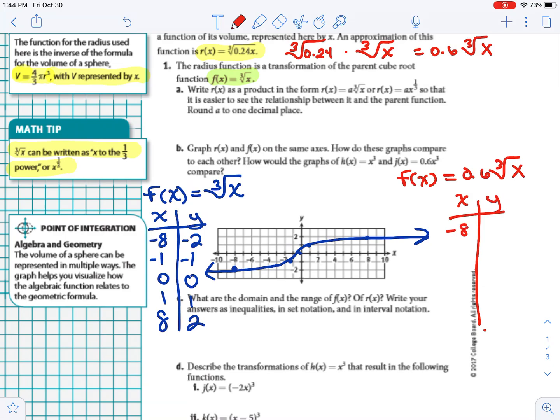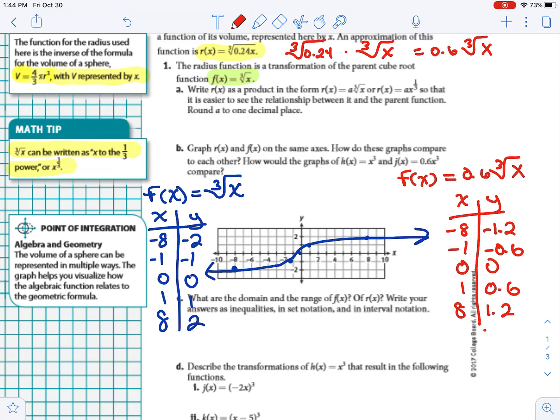So -8, -2 would become -8, -1.2. And -1 times 0.6 is just -0.6. 0, 0 stays the same, and these will repeat, only they'll be positive.